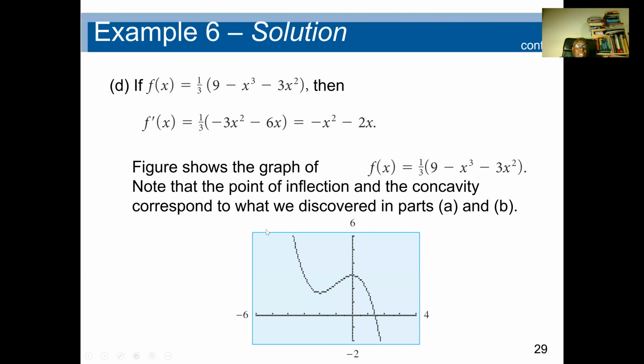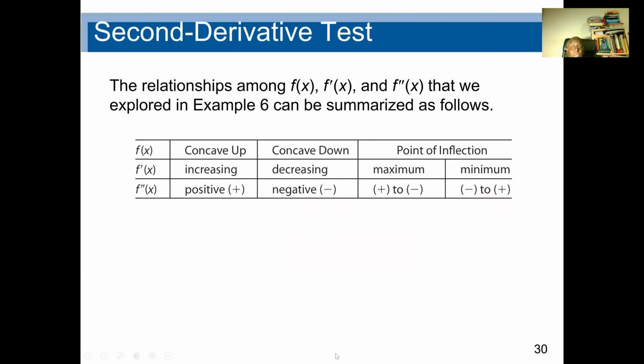So here, this is another example. f at x equal to 139 minus x cubed minus 3x squared. The first derivative, we're able to come up with x squared minus 2x. Then we plot it. Then we take the second derivative. So f at x, first derivative f prime at x, second derivative f double prime at x.